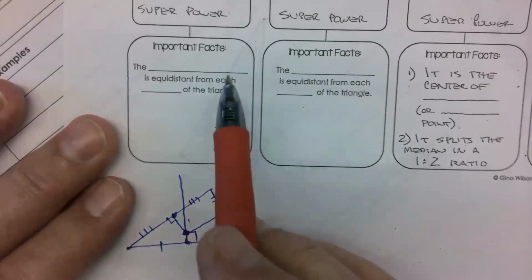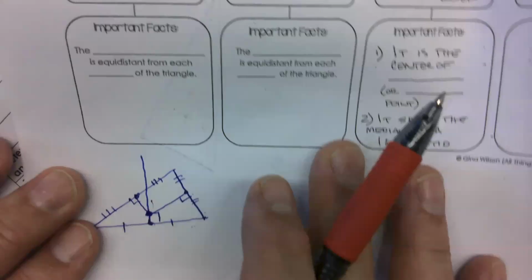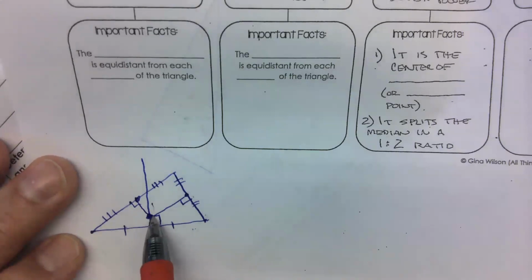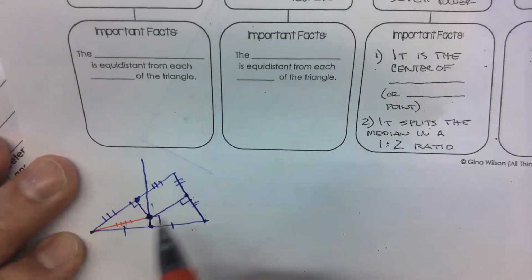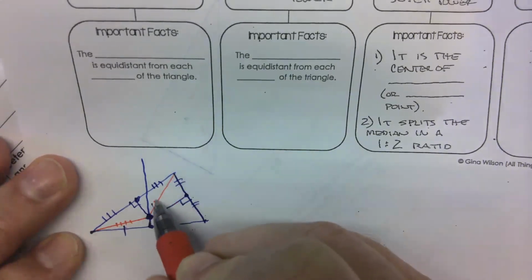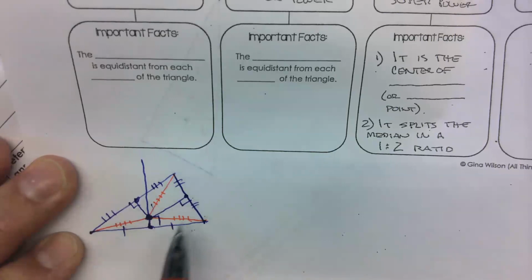Now, each of these centers, like the circumcenter, has a superpower. It's unique and special in a certain way. What's unique and special about the circumcenter is that it becomes the exact center, the same distance away from all 3 vertices. Vertex is a corner or an angle, and these distances are all the same.